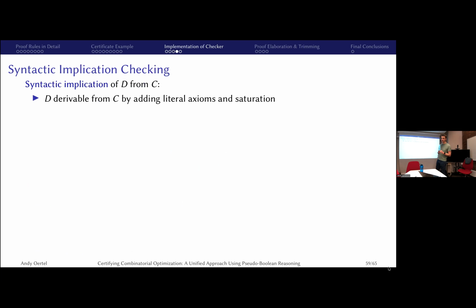But without loss of generality, we can note that we only need to saturate once, and that's when the right-hand side is the right-hand side of the constraint D that we want to derive. And that's because, by adding literal axioms and saturation, you can never increase your right-hand side. You can only either keep your right-hand side or decrease it.